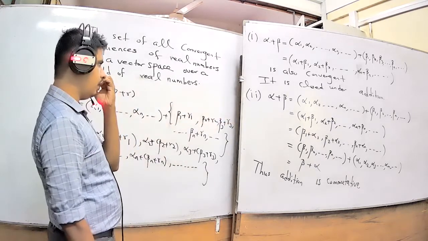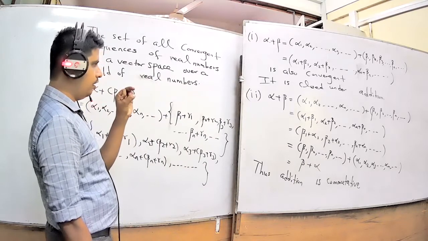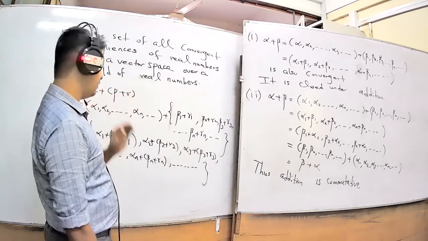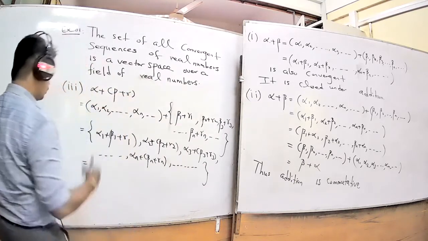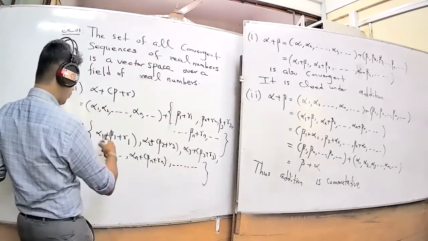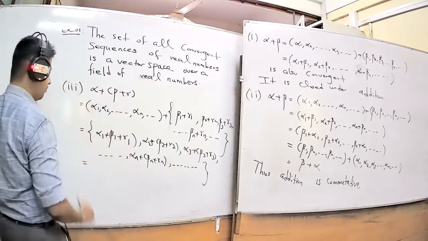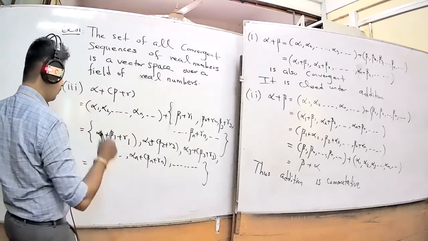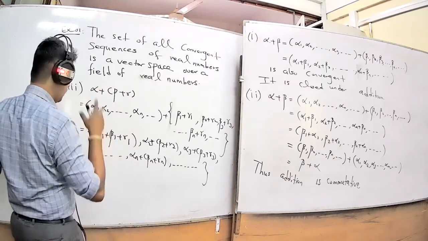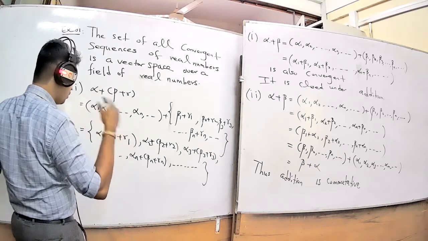We will write alpha 1 plus beta 1 equal to beta 1 plus alpha 1. Like this here also. Here each of the sequences, alpha 1 one sequence, beta 1 another sequence, gamma 1 another sequence, these are real numbers. Real number sequences. Therefore, the real numbers should satisfy the associative property.